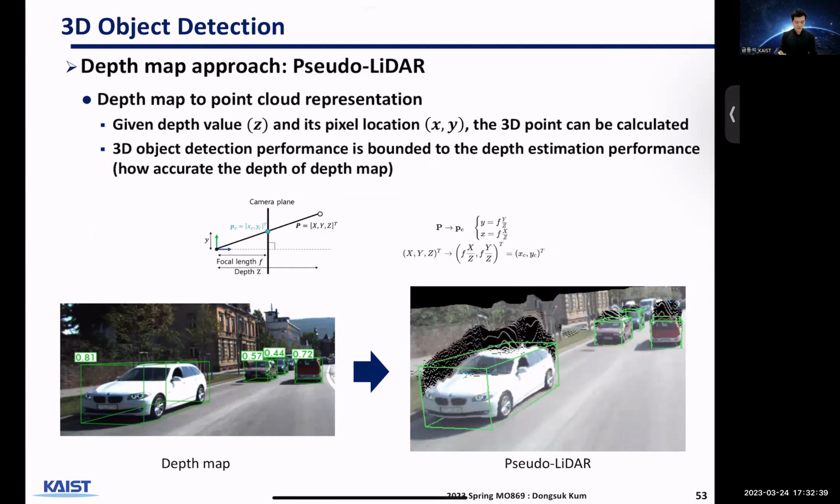And then, like I said, we need to convert the depth map to point cloud representation using the camera intrinsic parameters. So the depth map representation is dense, with the same resolution as the image, and pixel-level distance information is given, and it's in image perspective.